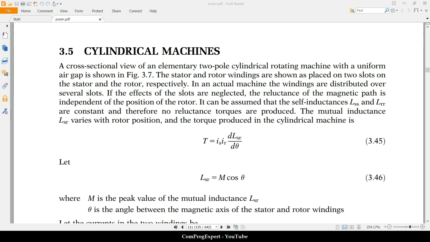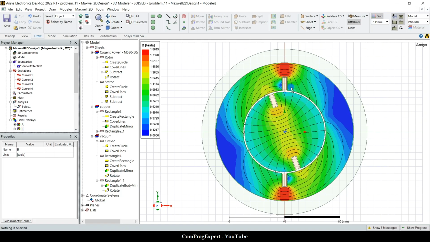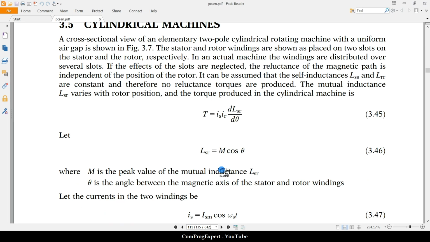Because we have a uniform air gap, the reluctance in front of the stator field is constant. Also, the reluctance in front of the rotor field is constant if we neglect the effect of these slots. So we don't have reluctance torque, and the mutual inductance LSR varies with the rotor position, and the torque produced in the cylindrical machine is this one.